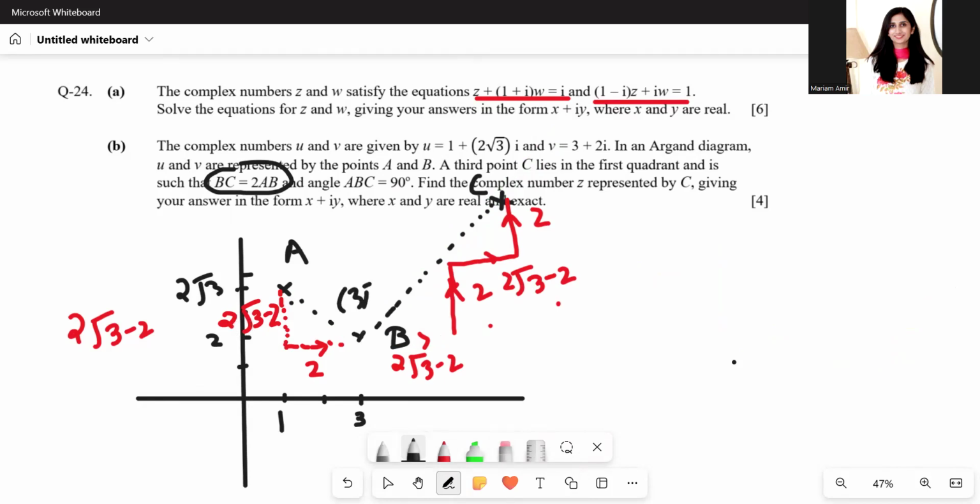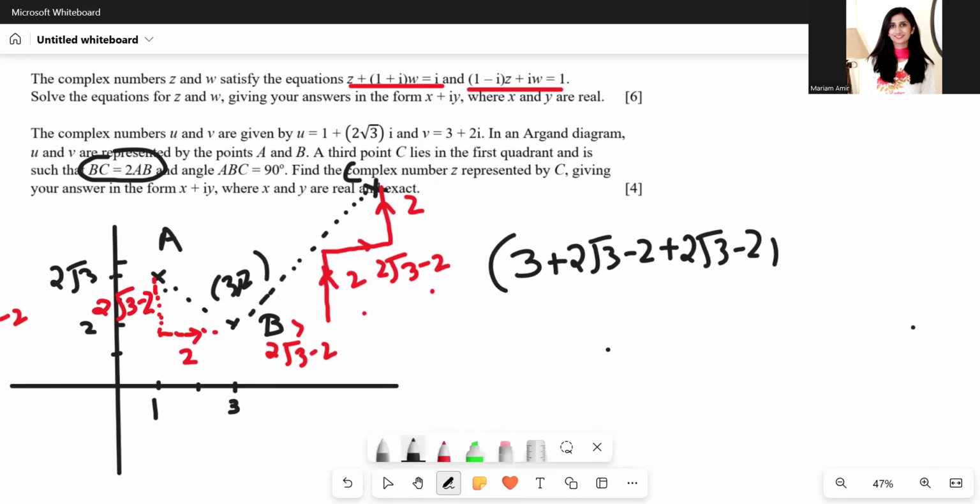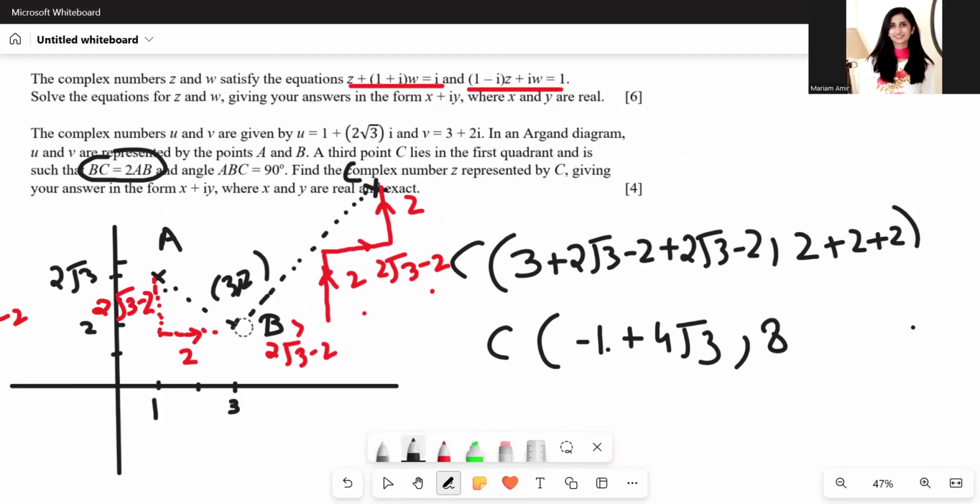So with 3, 2, we're going to add plus 2 root 3 minus 2, and again plus 2 root 3 minus 2. And with 2, we're going to add 2 twice. So the coordinates of C become negative 1 plus 4 root 3, comma 6. So the complex number would be minus 1 plus 4 root 3 plus 6i.